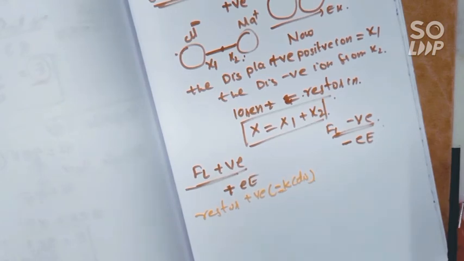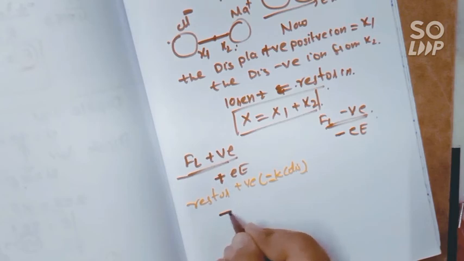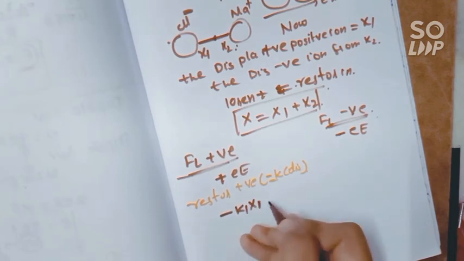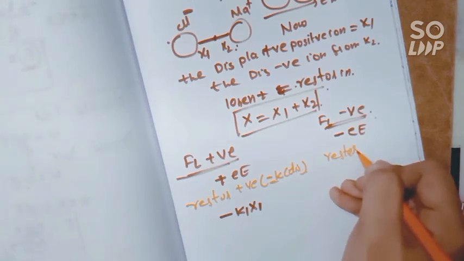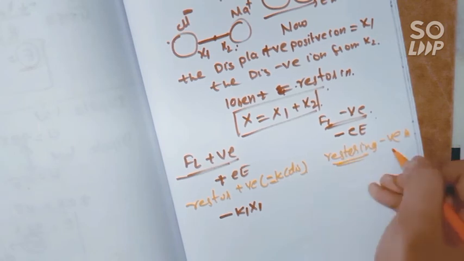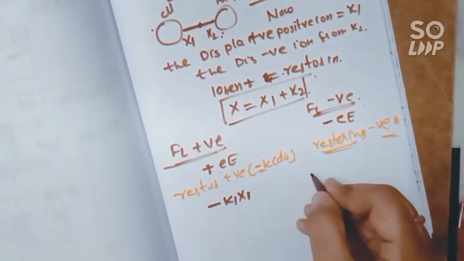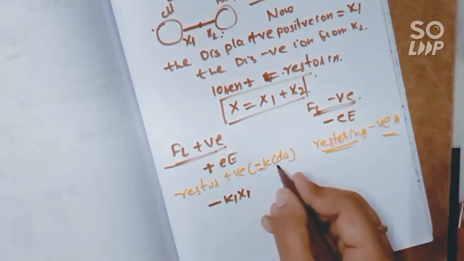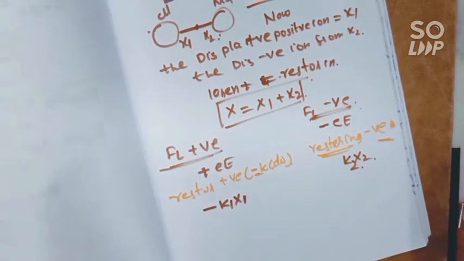So for the positive ion, I write minus k1 into x1. For the negative ion, the charge is already negative, so minus of minus gives plus k2 into x2.